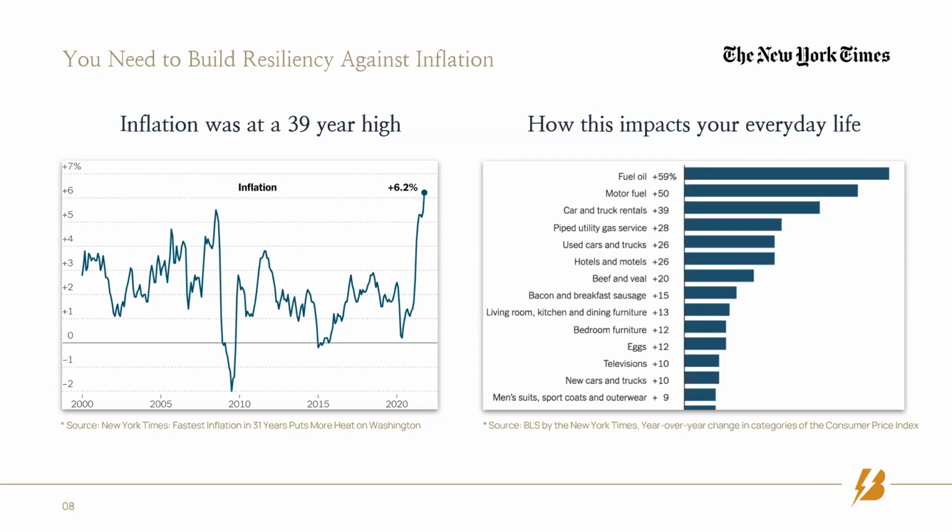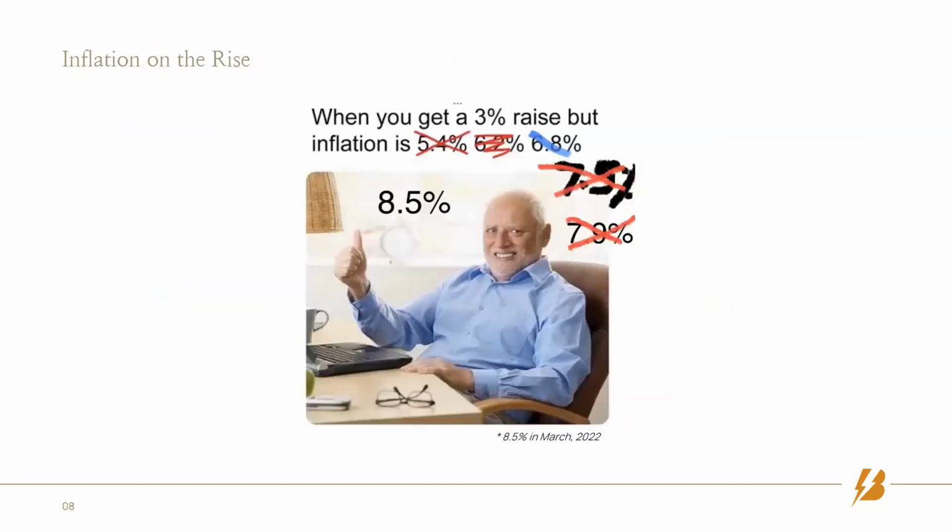So back in January, it was reported by the New York Times here, 6.2% inflation rate, right? Come March, you might have got that 3% raise, but now where are we? We're at 8.5% in March of '22. Okay. Do you think it's going to be slowing down?